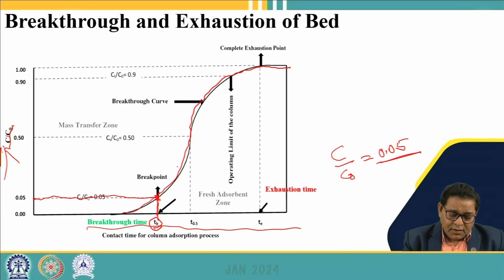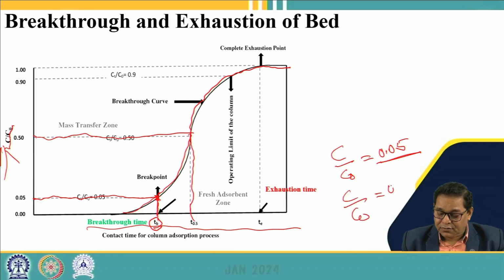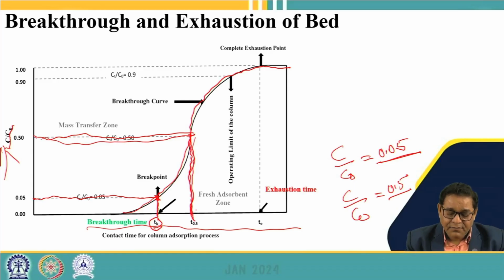Then if we further analyze this breakthrough, we will see that 50% of the bed is exhausted at C by C0 equal to 0.5. There again we can draw a horizontal and vertical line, and find out the time at which 50% adsorption occurs. This time indicates that 50% of the capacity of your adsorption column will be exhausted.